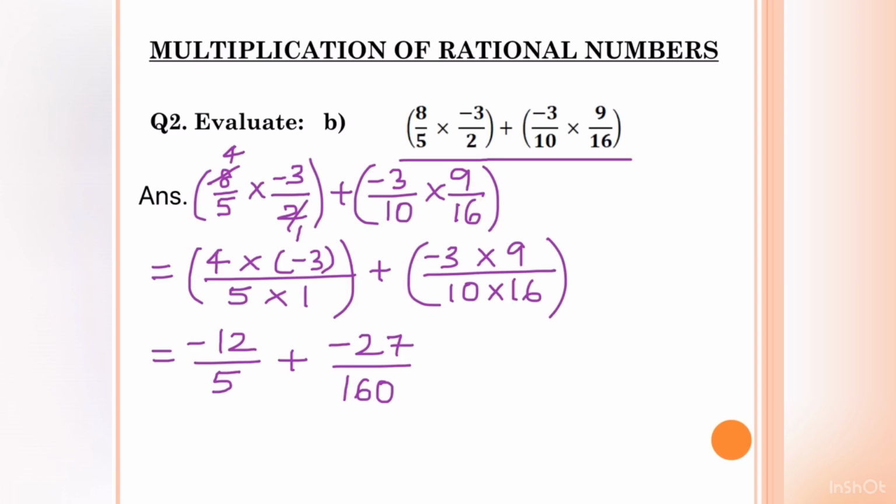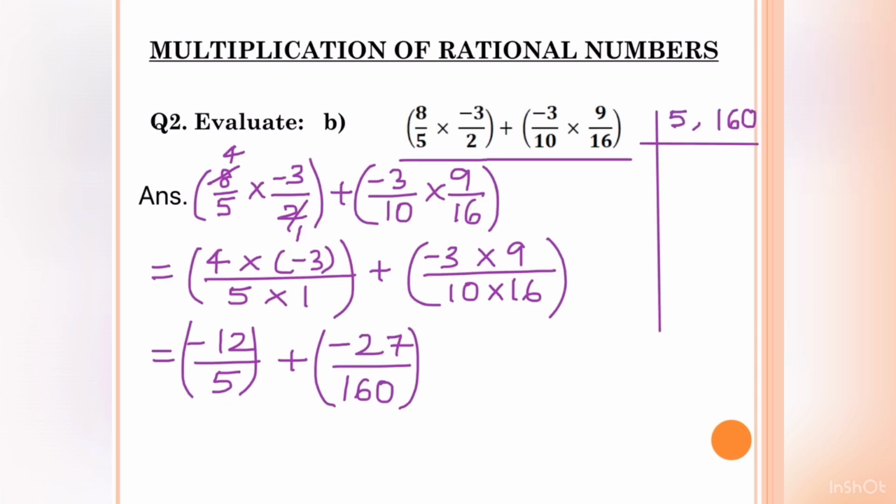Now let's simplify this expression. We need to add these two rational numbers. We see that the denominators are not same. So we need to find the LCM of 5 and 160.